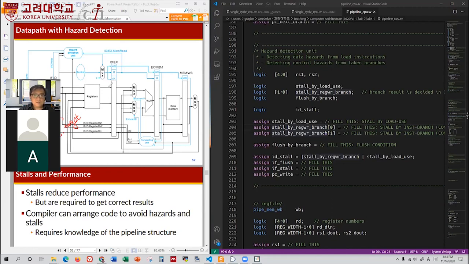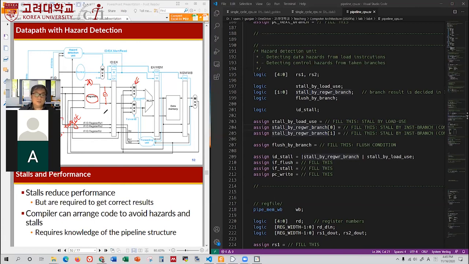The problem is that the branch instruction compares the output of this register file directly in the ID stage. So the branch instruction is out of the data forwarding path. Data forwarding path is here. So the branch instruction cannot utilize the data forwarding path in the pipeline processor. That's the problem.